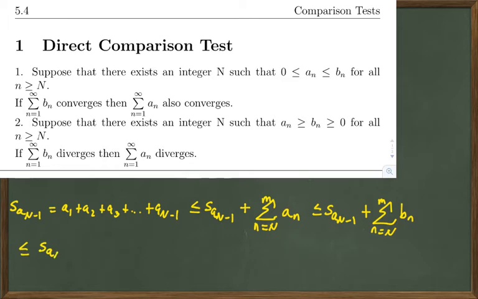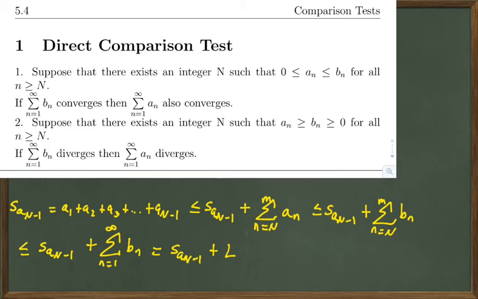And this is going to be less than or equal to S of a sub N minus 1 plus, and we could say that the full series sum is going to be greater than just a partial sum, so the sum n equals 1 to infinity of b sub n will be larger than the partial sum from n equals uppercase N to m, and which we're going to say converges to L. So we have this is equal to S of a sub N minus 1 plus L.